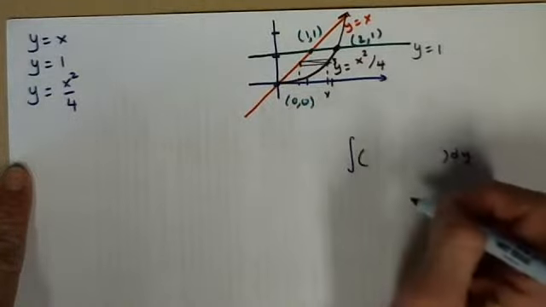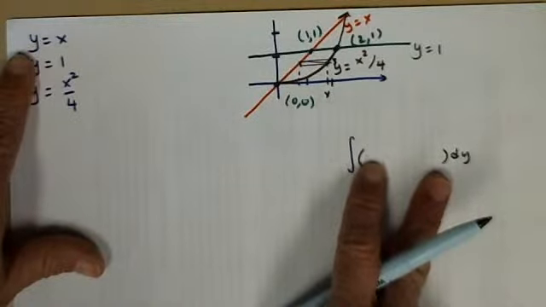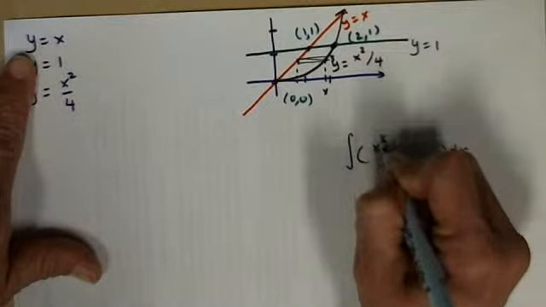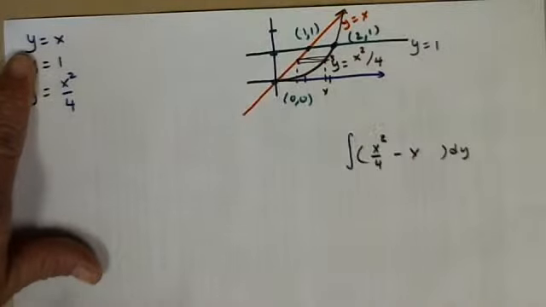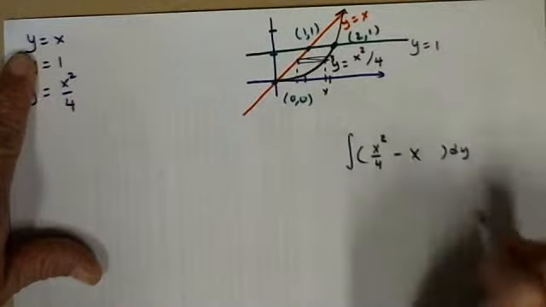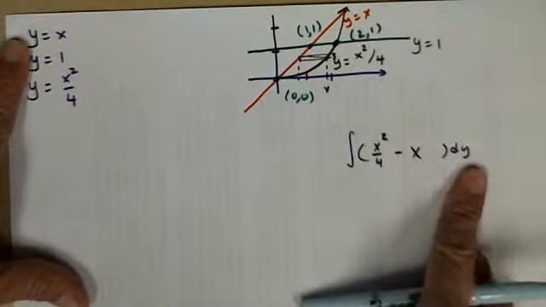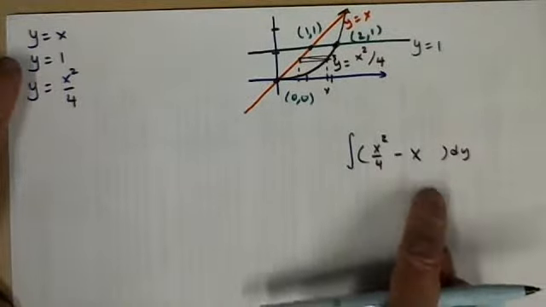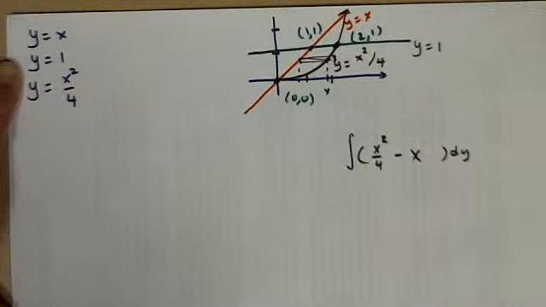When I went to do it, I put in my x function: x squared over 4 minus x, the function on the right minus the function on the left. But I said, oh, that can't be right, because I'm integrating with respect to y, and all I've got are x's here. That was a clue to me. I need the x value there, which means it's the y function.